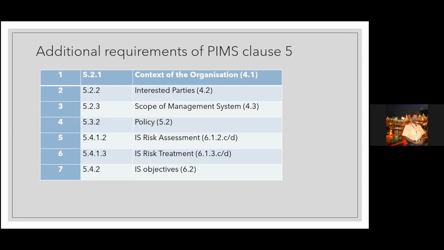The clauses are going to remain as they are. The related description of the clauses may undergo change. That is what we call the modification. So, keeping that information in mind at this point of time, I don't see any change going to happen in this PIMS area of clause 5, the 7 requirements.